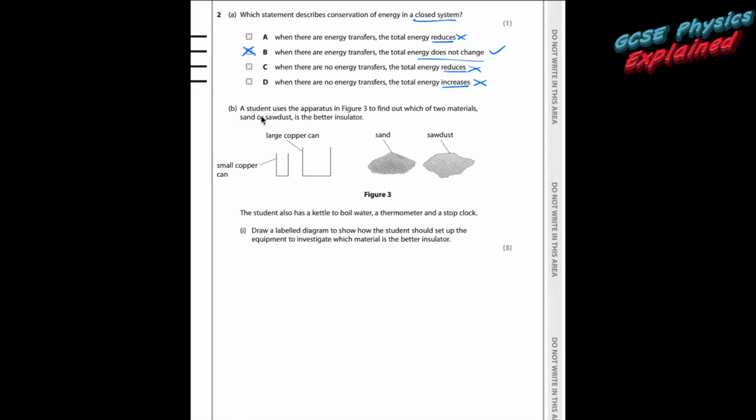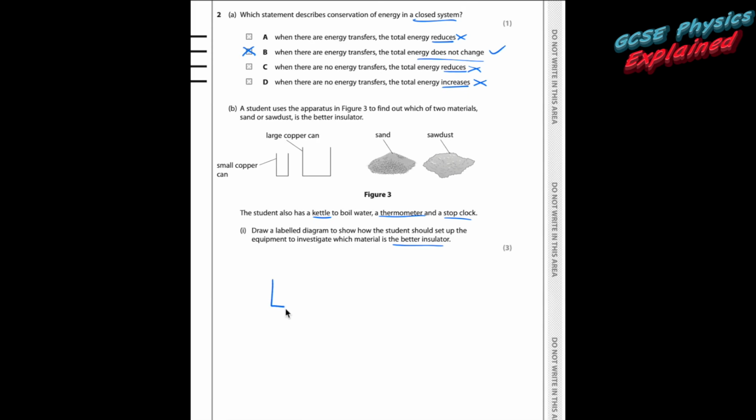Part B. The student uses the apparatus in figure 3 to find out which of two materials, sand or sawdust, is the better insulator. The student also has a kettle to boil water, a thermometer and a stop clock. Part 1. Draw a labelled diagram to show how the student should set up the equipment to investigate which material is the better insulator.